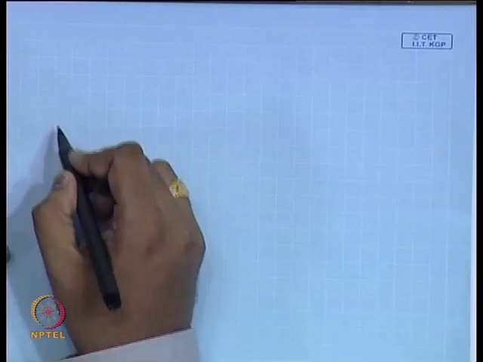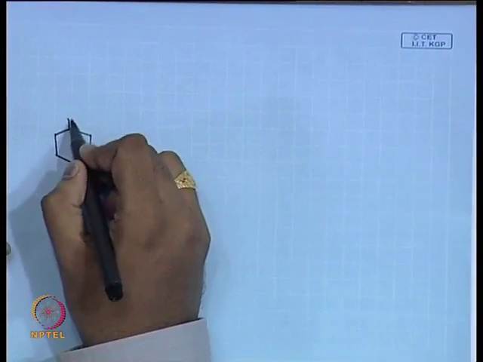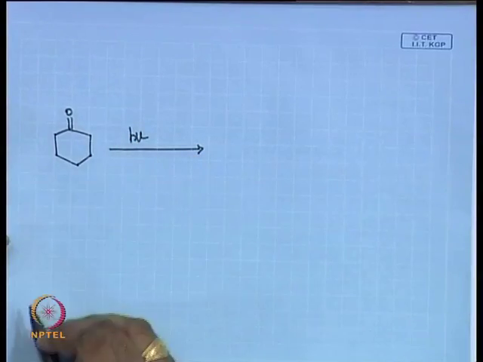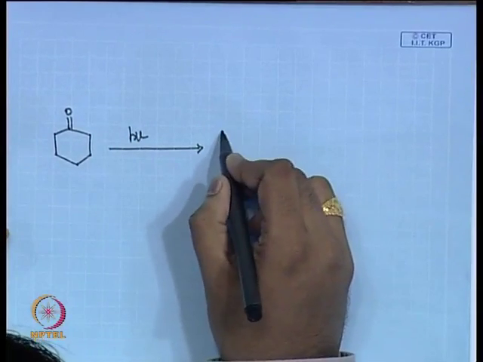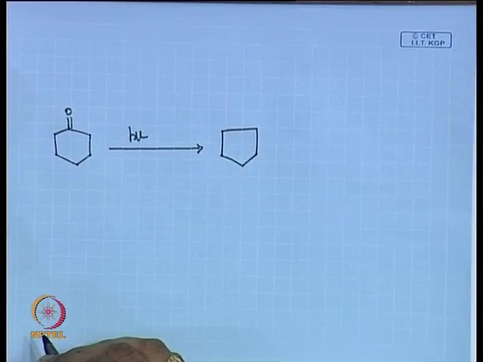So, what happens? You take a cyclohexanone system, when I shine light, I get a decarbonylation product that is coming out of the 1,5 diradical. See, the more important thing is that you have to study diradical systems.